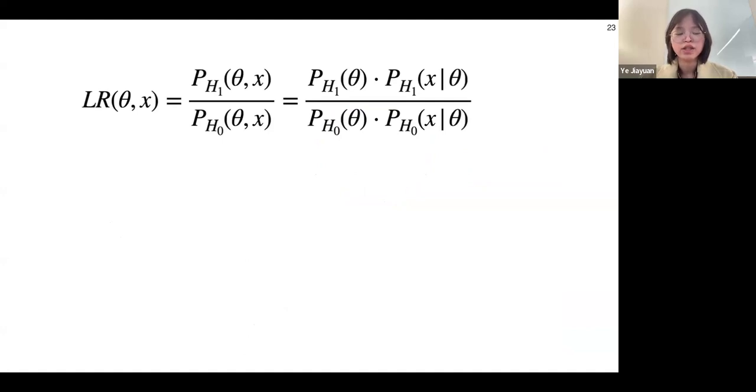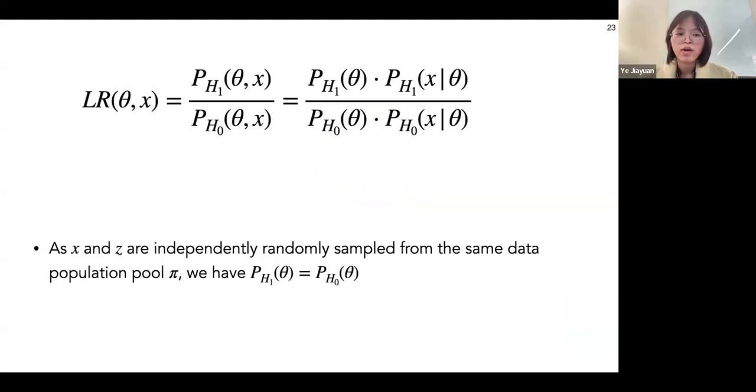what should we do to get over this dimensionality limitation? So what we can do is we do Bayes for the joint distribution, and then observe that when the target data and the population data are both independently randomly sampled from the same population pool, the probability of observing one model is the same in both member and non-member world.